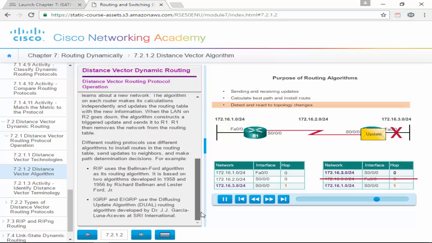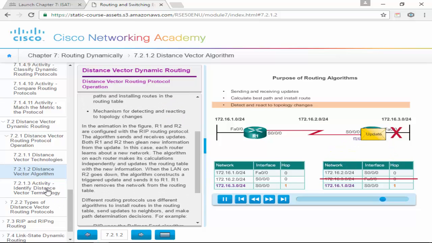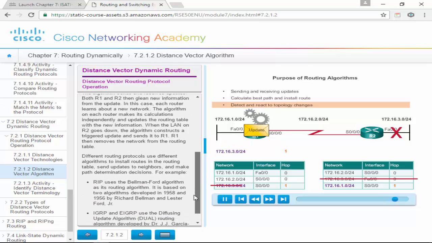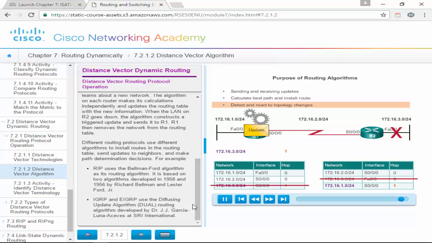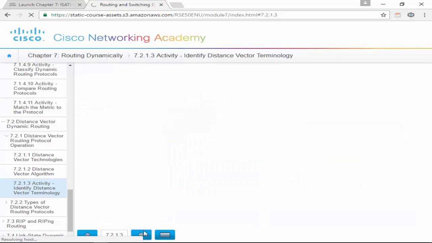Remember, these distance vector protocols are just forwarding information to their neighbors. There are different algorithms used for each one of these. RIP uses the Bellman-Ford algorithm to run its routing, whereas IGRP and EIGRP use the Diffusing Update Algorithm, or DUAL. If I had my choice, I'd go with DUAL every time over RIP.